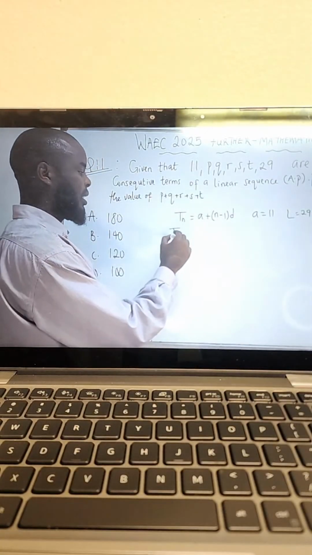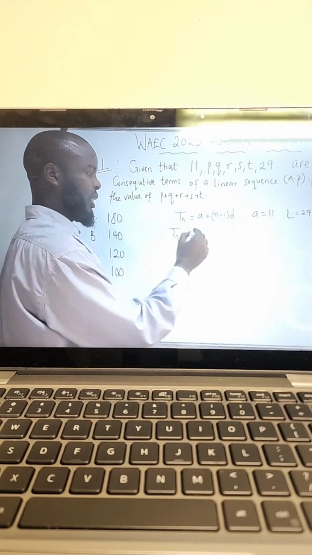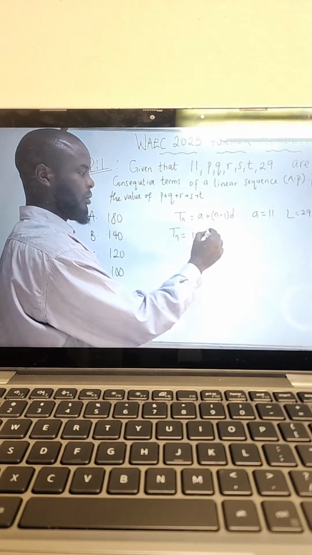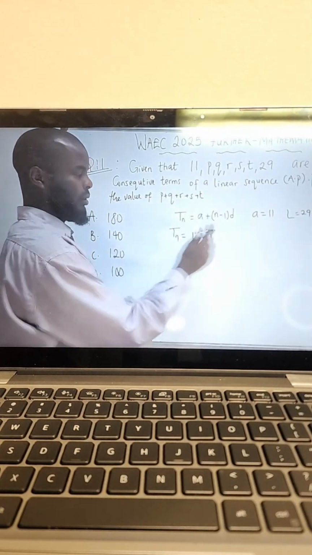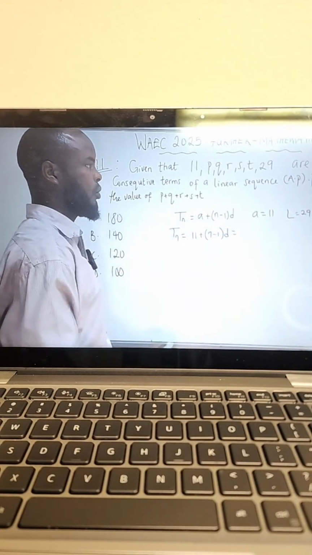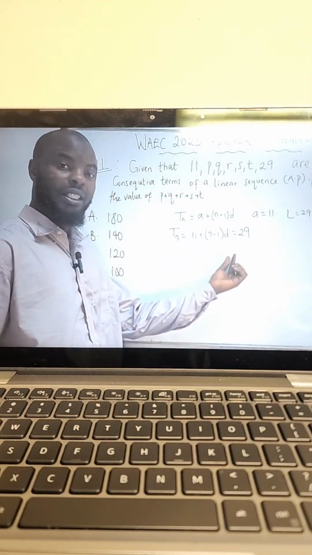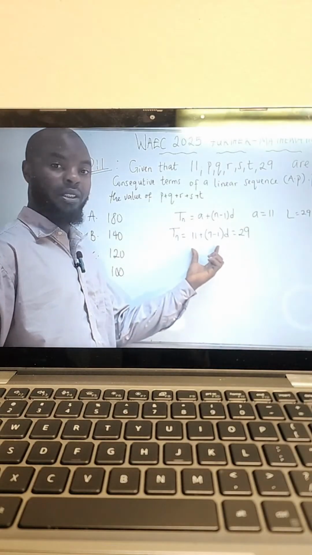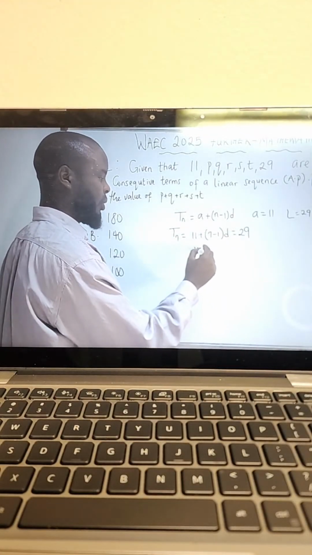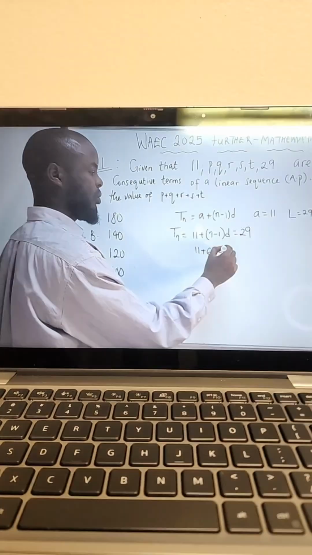So here, you can say T7 equals a, which is 11, plus (7 minus 1)d, equals 29. Now let's simplify. Here we have 11 plus 6d equals 29.